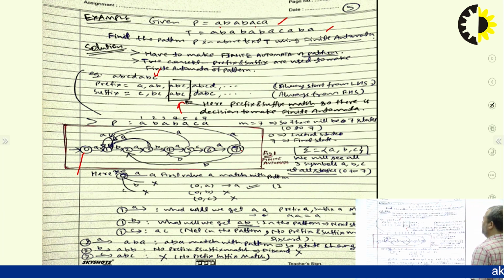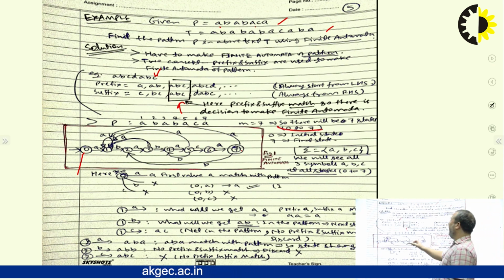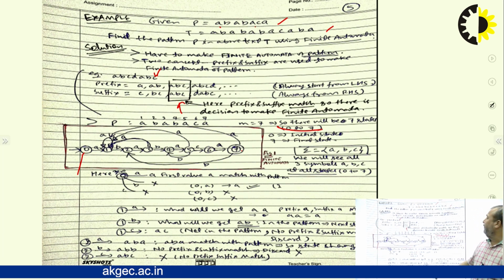Here m, the number of characters in the given pattern, is 7, so there will be states 1 to 7 and 1 initial state, so in total 8 states. If the pattern length is 6, there will be 6 states plus 1 initial state.